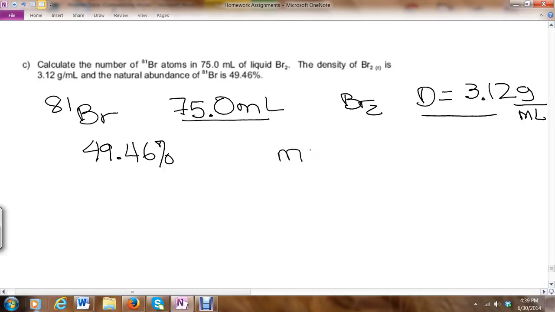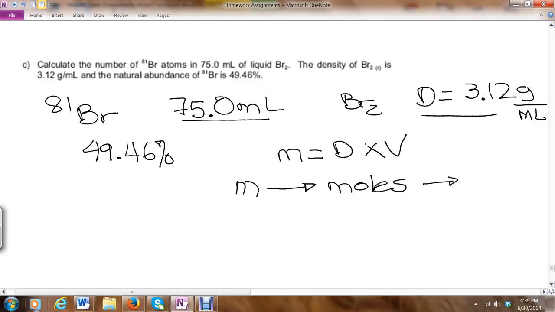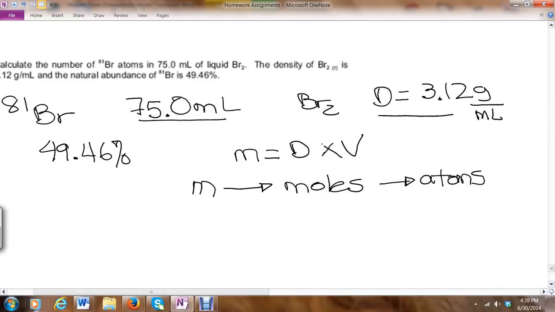So you go in the opposite way. You have to find out the mass, which is the density times the volume. Let's start with steps. From the mass, you're going to have to find out the atoms. How? The mass, you convert it to moles, and then you convert it to atoms. But we have a problem here: the mass of 81 is not the whole molar mass of the compound.